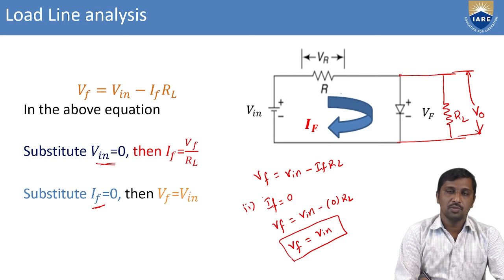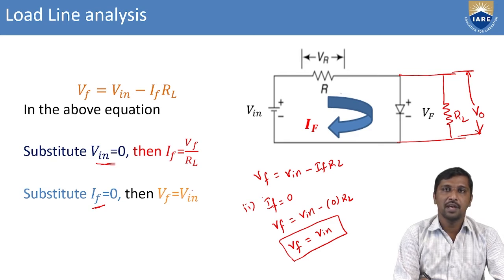So by using these two quadratic points, now we are going to observe how to draw the DC load line by using the diode forward characteristics.